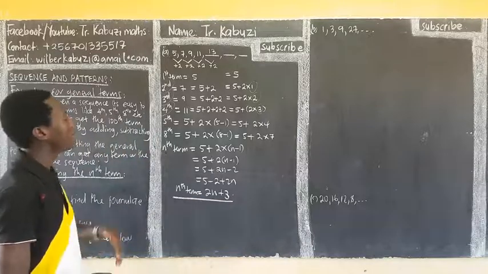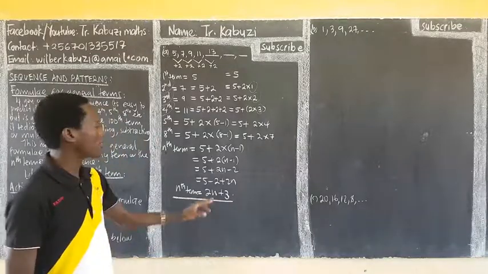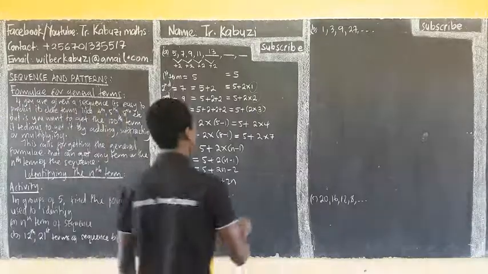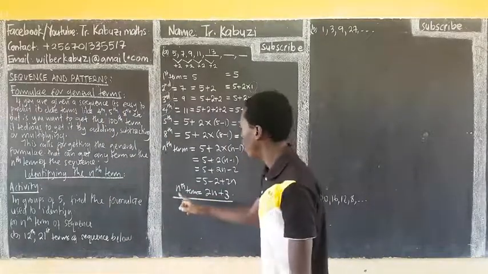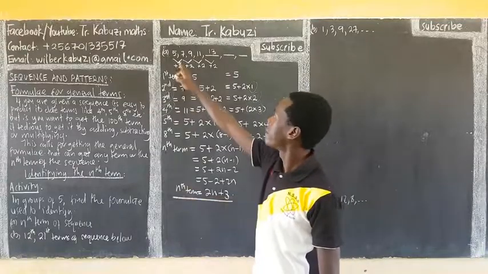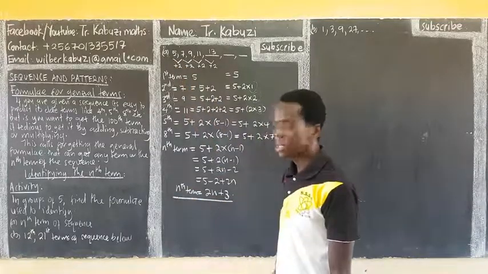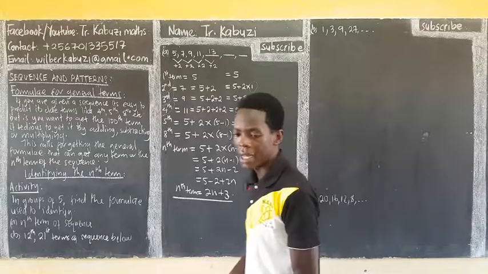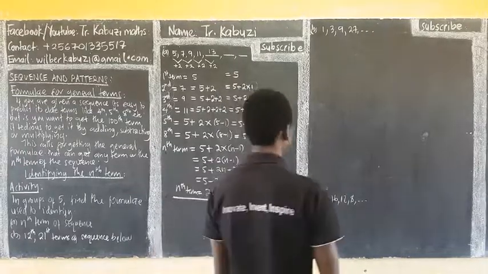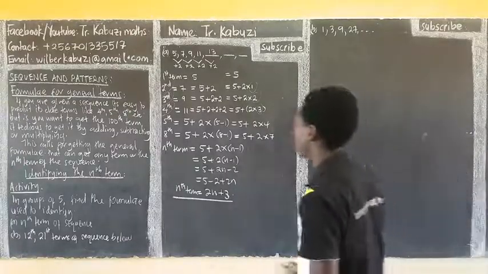So for any term you want, you use this formula. Can you try? This n is the nth term. When n is 1, we have the first term. When you put n as 1 here, we get the first term. So therefore we can generalize with the formula so that we get the nth term.